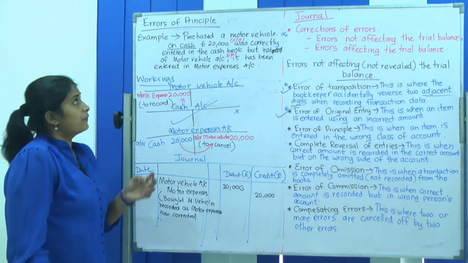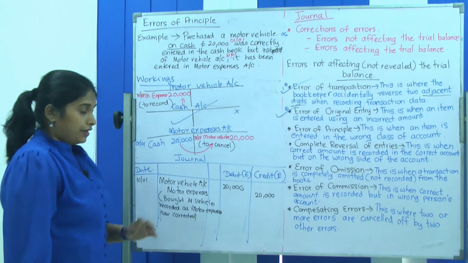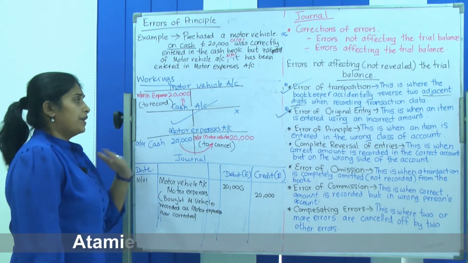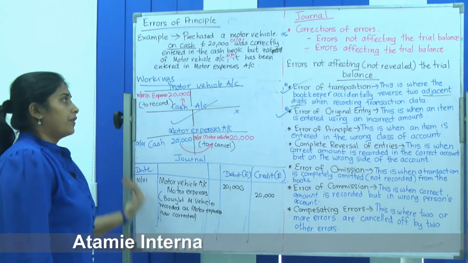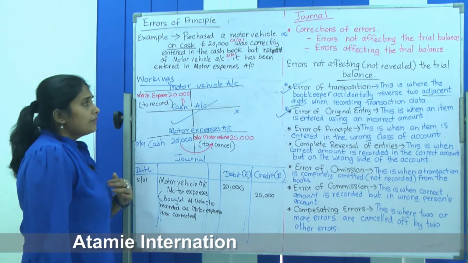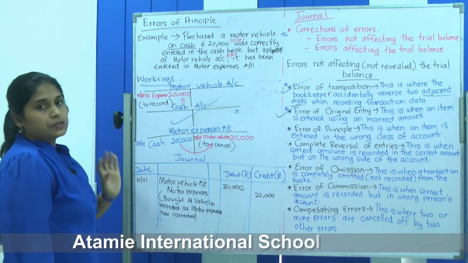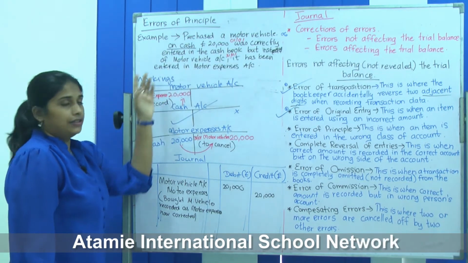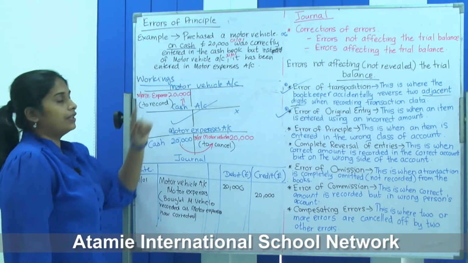So what did you do? Errors of principle means when an item is recorded in the wrong class of account, that means an asset has been recorded as an expense or an expense has been recorded as an asset. So I took only one example where the business purchased a motor vehicle on cash, which was correctly entered in the cash book, but instead of the motor vehicles account they have recorded it in the motor expenses.